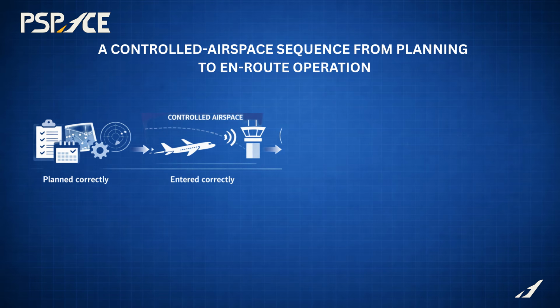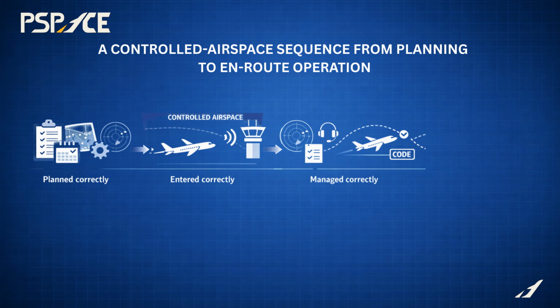The crew then enters controlled airspace with communication discipline, correct use of the assigned ATS service, and proper SSR operation. If ATS requests confirmation of code or interpretation, the commander responds in a way that restores or preserves common understanding.